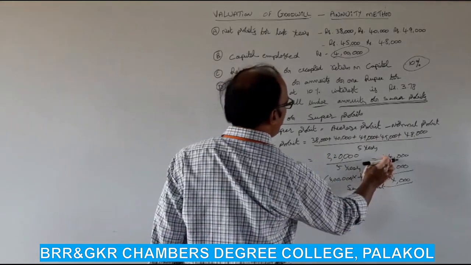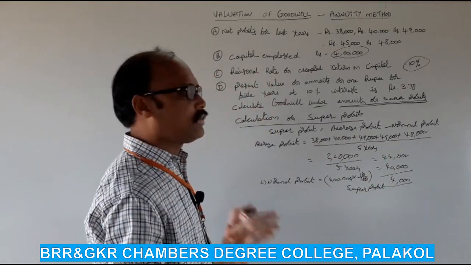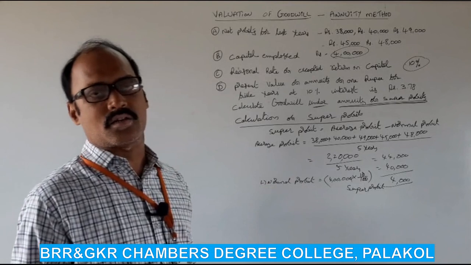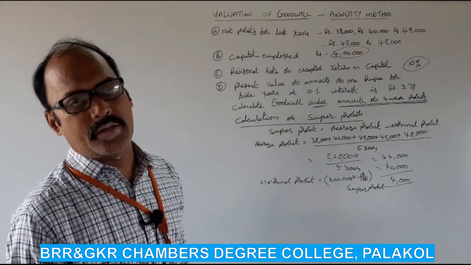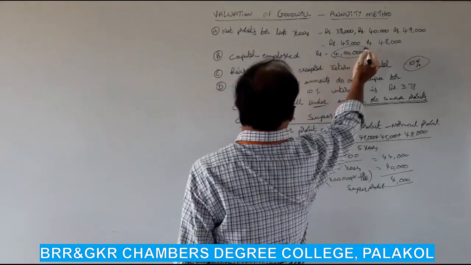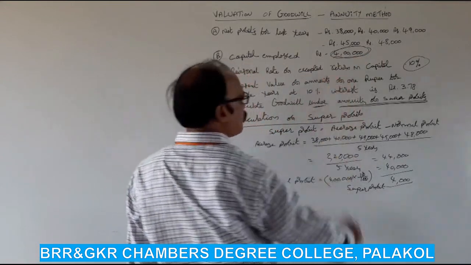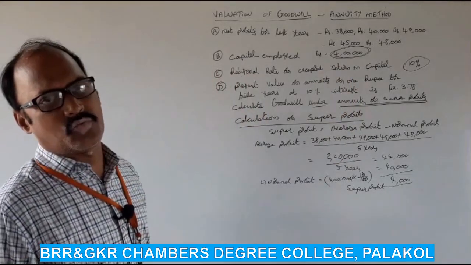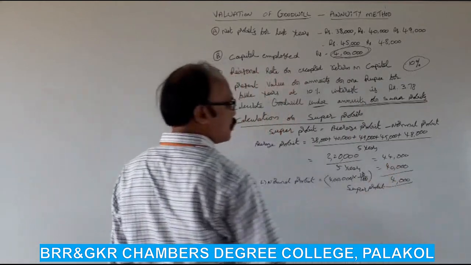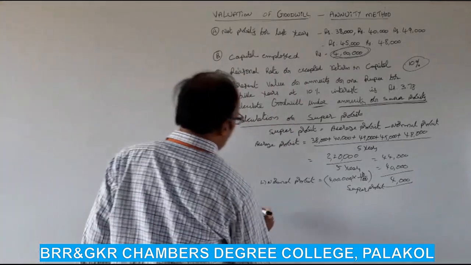Therefore average profit is equal to 44,000. Next, normal profit. The principle is capital employed into expected rate of return. What is the value of capital employed in this problem? 4 lakhs. Expected rate of return on capital 10%. 4 lakhs into 10 by 100, that is equal to 40,000. Then super profit is equal to how much? 4,000.